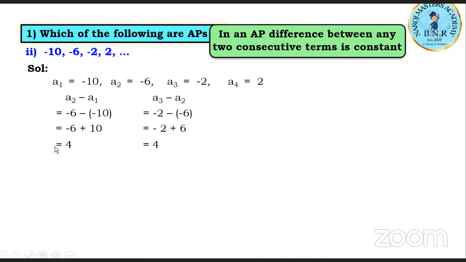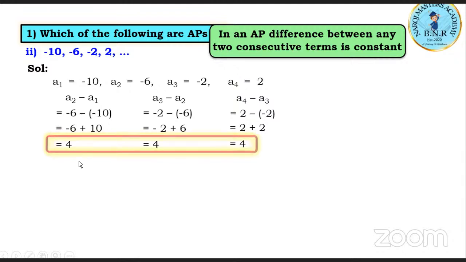But don't decide now. Check another also, because we don't know whether it is right or wrong. We'll check with the given numbers first. So A4 value is 2, minus A3, which is 2 minus of minus 2. Minus into minus is plus, so 2 plus 2 is 4. Whenever a minus multiplies with another minus, it is always plus.